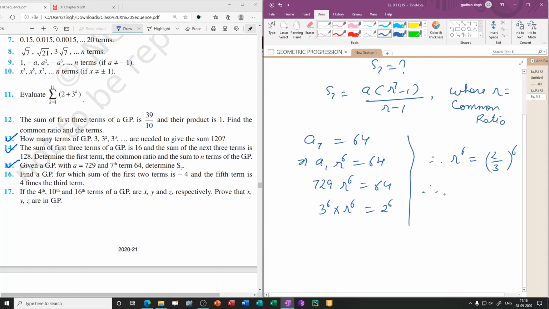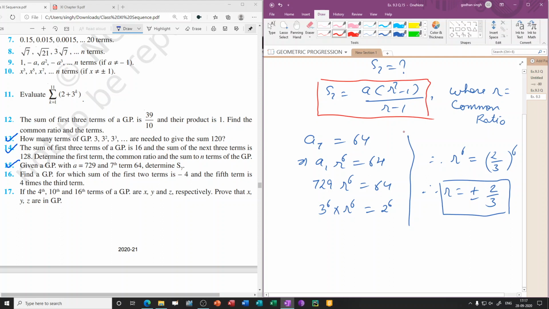Therefore we can say that r equal to, because the power is an even number, r equal to plus minus 2 by 3. So there will be two cases according to r, that is plus 2 by 3 and minus 2 by 3.